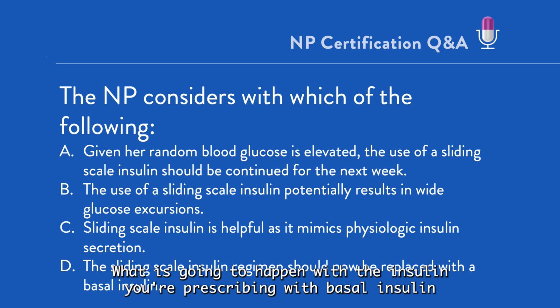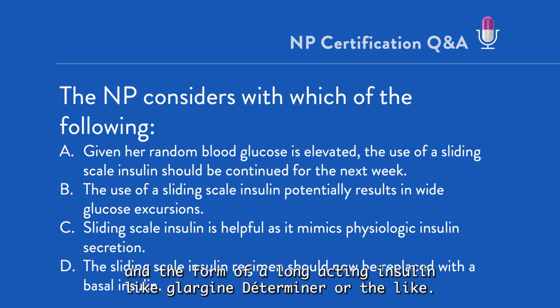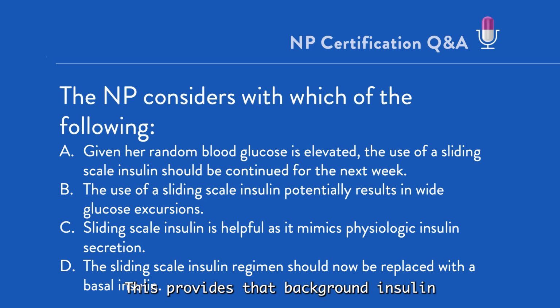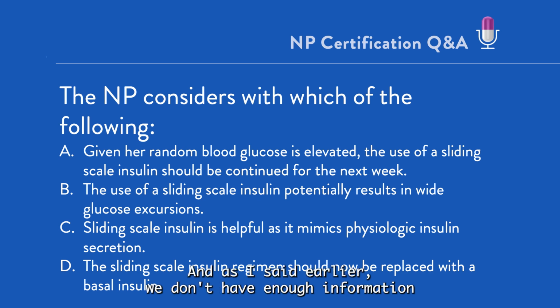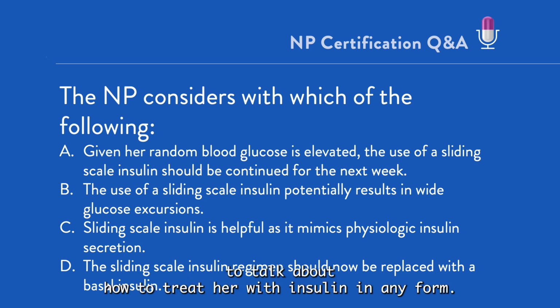What is going to happen with the insulin you're prescribing? Basal insulin in the form of a long-acting insulin like glargine, detemir, or the like provides that background insulin, like physiologic basal insulin. And as I said earlier, we don't have enough information to talk about how to treat her with insulin in any form.